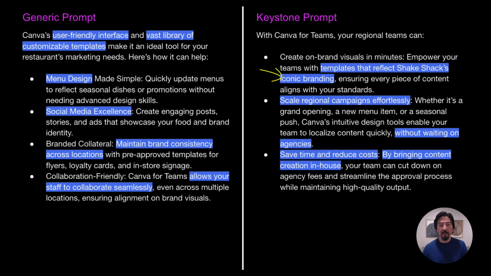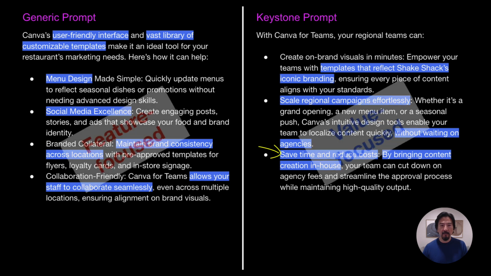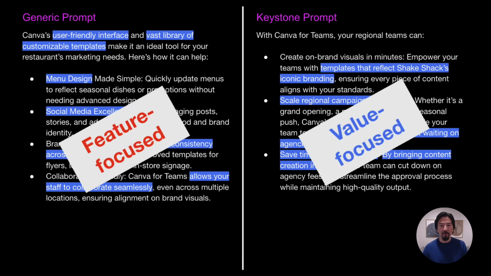It highlights specific benefits, such as scaling regional campaigns and less reliance on agencies, which ultimately results in time and cost savings. The generic email provides a broad overview of Canva's features, appealing to a wide audience but lacking relevance. In contrast, the keystone email is personalized, addressing Shake Shack's specific needs and showing how Canva for Teams can solve their challenges, making it far more likely to resonate and drive action.